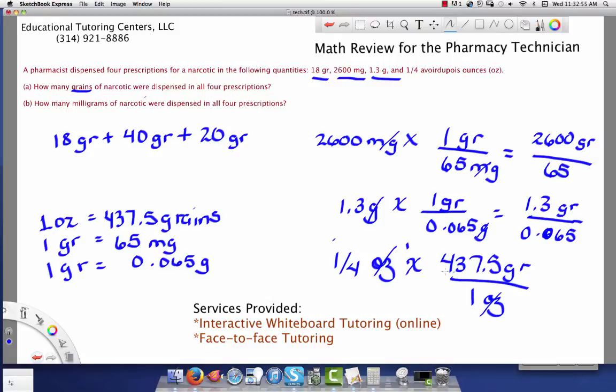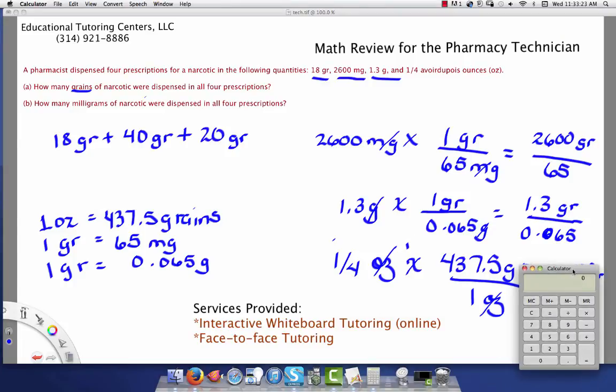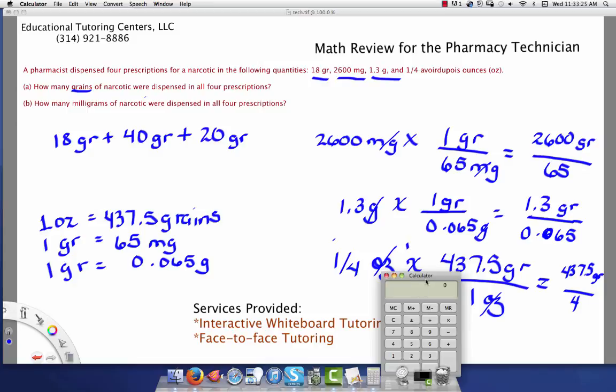So on this particular one, we have 1/4 times this 437.5. So in the numerator is 437.5 grains, and that's divided by this 4. This times 1 that's in the denominator, so it's divided by 4. So let me grab this calculator here.